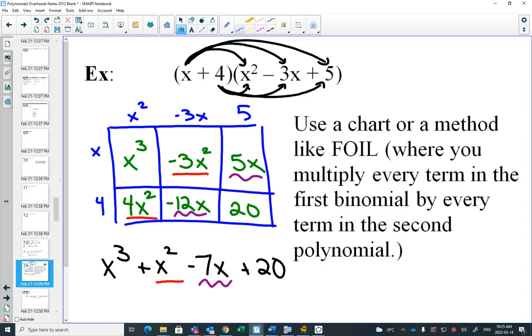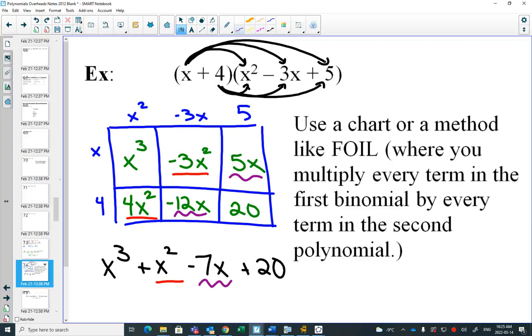The nice thing about the chart is it's really obvious which ones you have done and which ones you haven't done because you fill in that space. I find sometimes with the arrows, you get a little lost, like, oh, which arrow was I on? And then you might miss one. And so for that reason, in this situation, I might say I recommend the chart because you're going to make less mistakes.